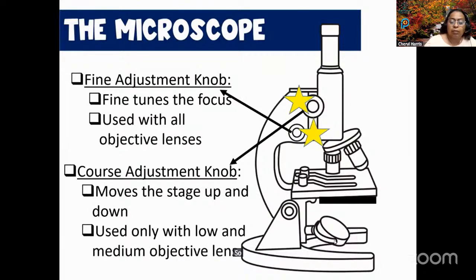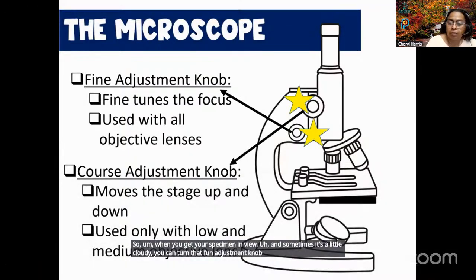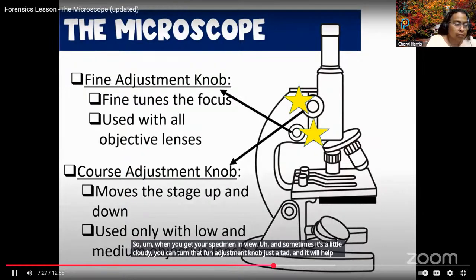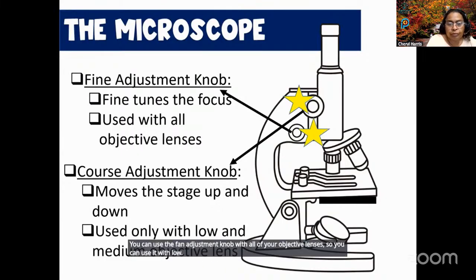So when you get your specimen in view, and sometimes it's a little cloudy, you can turn that fine adjustment knob just a tad, and it will help to crisp the image. It just provides a little more adjustment to the focus. You can use the fine adjustment knob with all of your objective lenses. So you can use it with low, medium, or high power objective.